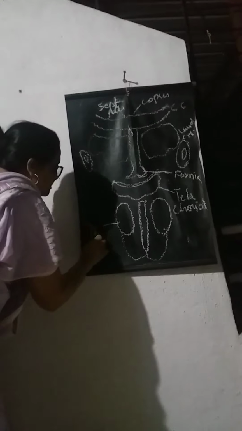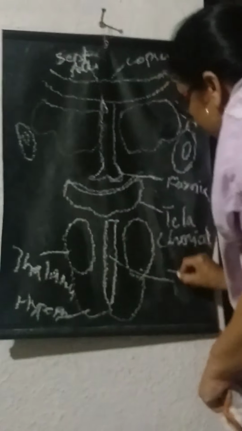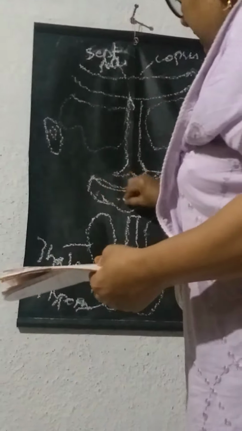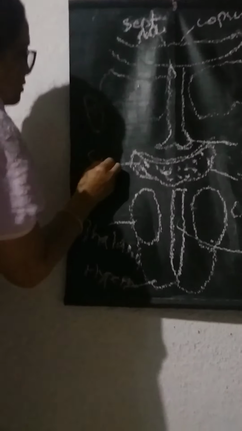This is the thalamus. This is the hypothalamus, and this is the third ventricle. And over here there is the choroid plexus of the lateral ventricle inside.